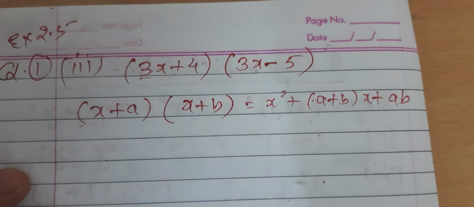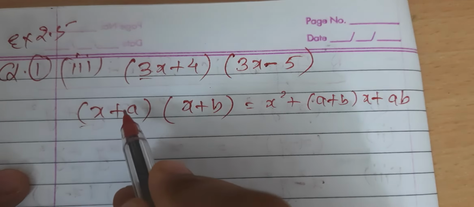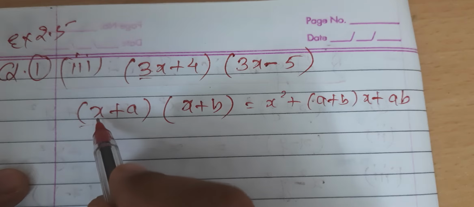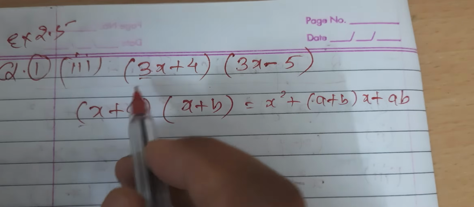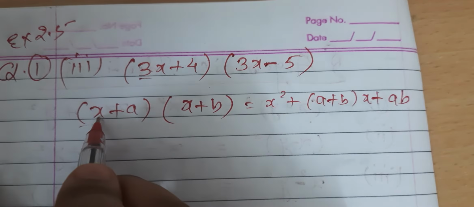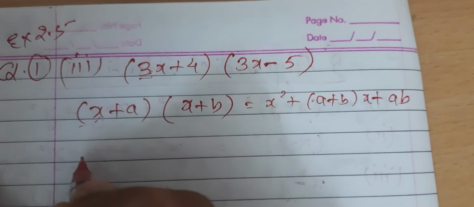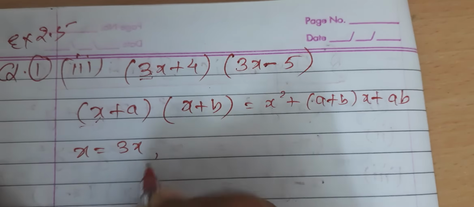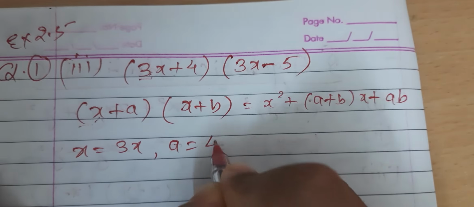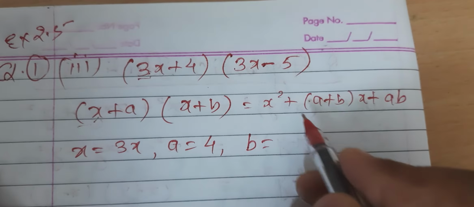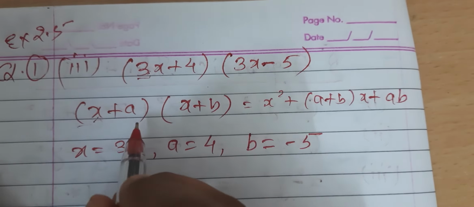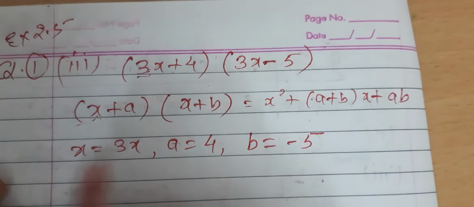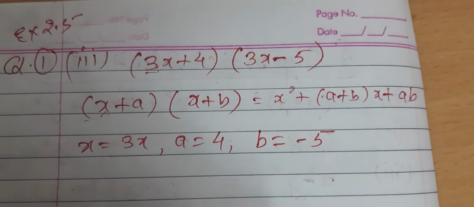In the second step, we'll compare and write the values, because every time you will not be given x at the place of x. You may be given y or c. In this case, at the place of x we have 3x, at the place of a we have 4, and at the place of b we don't have 5, we have minus 5, because in the identity there is no negative sign, so we need to consider this sign also.